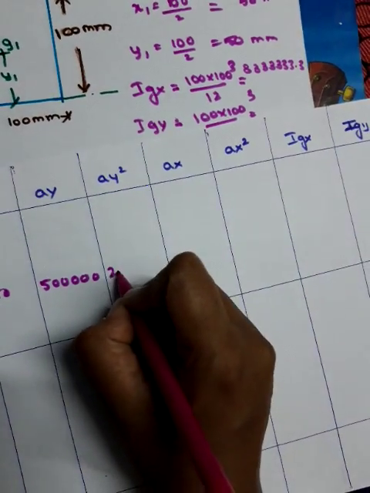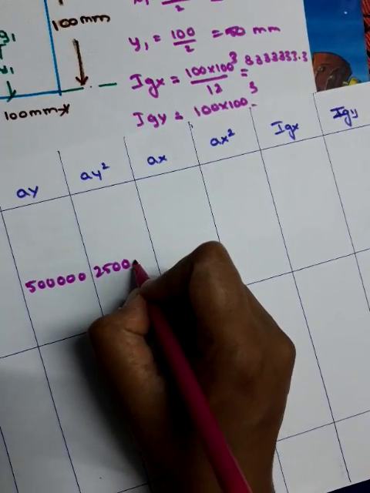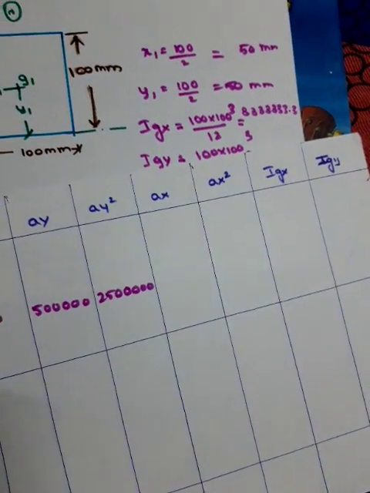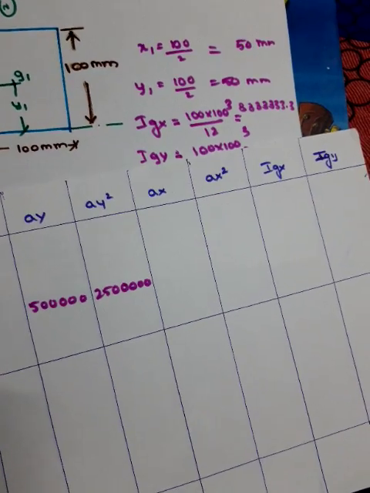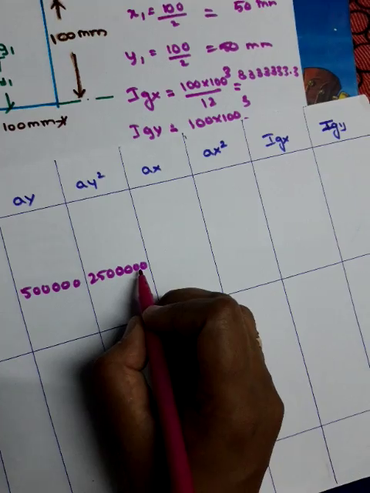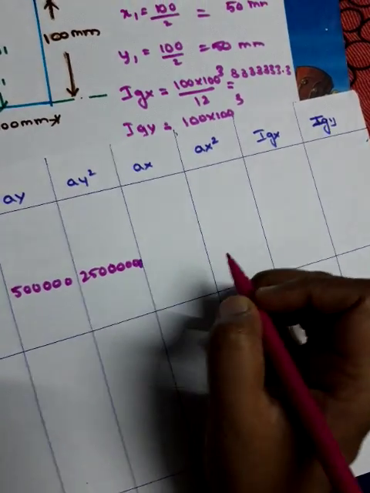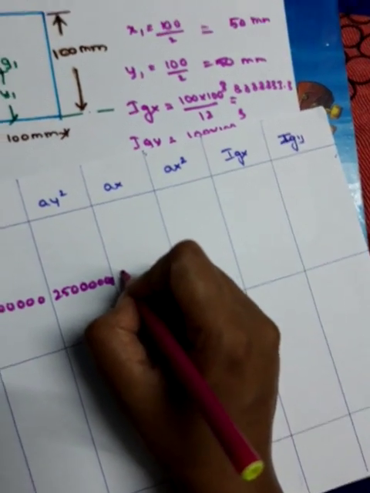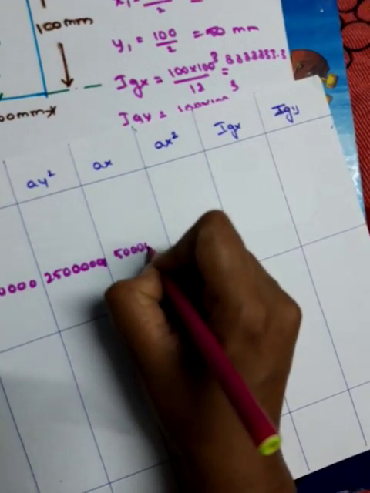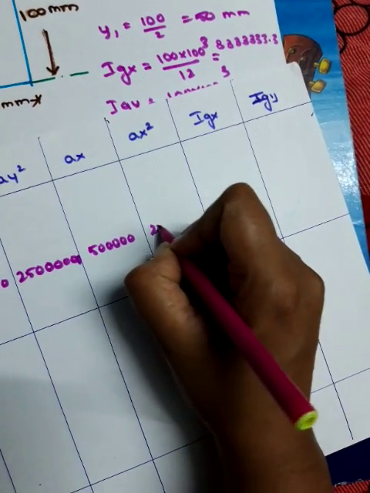Then do A into y square, which has 6 zeros. A into x also gives the same values: 5 zeros here and 6 zeros here.